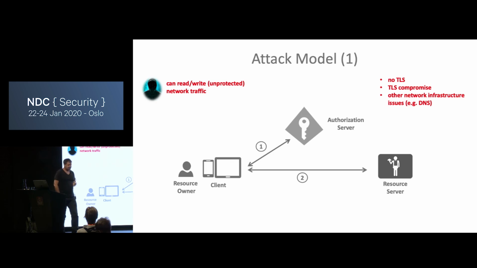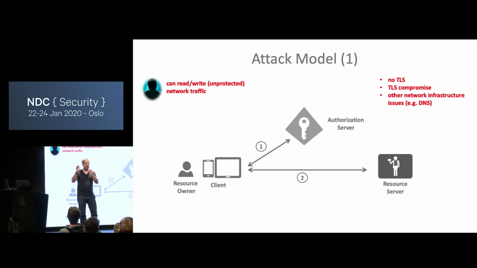The very first type of attack you have to think about is, what if my infrastructure is compromised? Somebody can read or modify traffic, or maybe even tamper with my DNS infrastructure. One thing to think about is, why can they read and modify traffic? Because are you using TLS? TLS is mandatory for OAuth, okay?